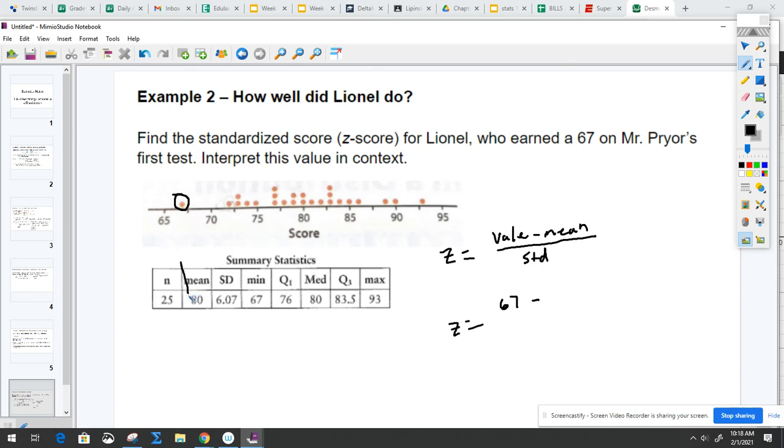The mean is 80. So minus 80 all over the standard deviation, which is 6.07. Now, when you do this, you can see 67 minus 80 is already going to give us a negative value. So this already shows you that this is going to be below the mean.